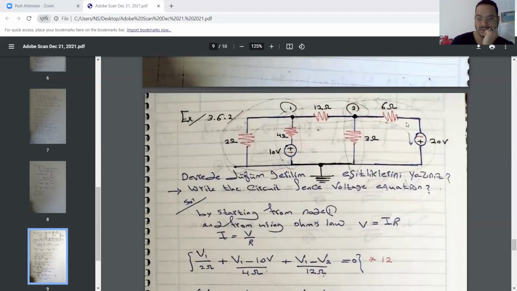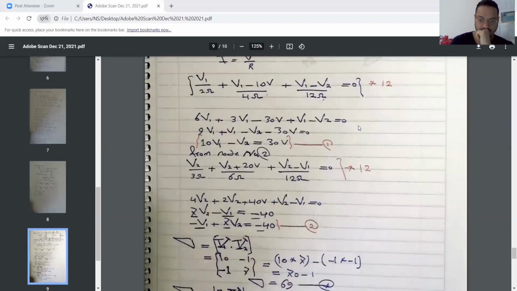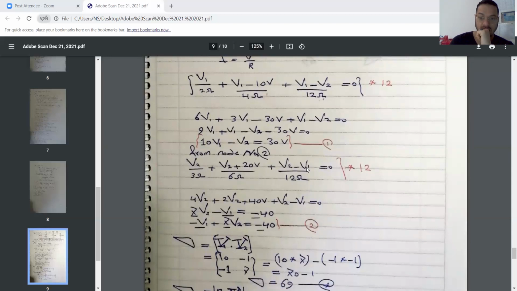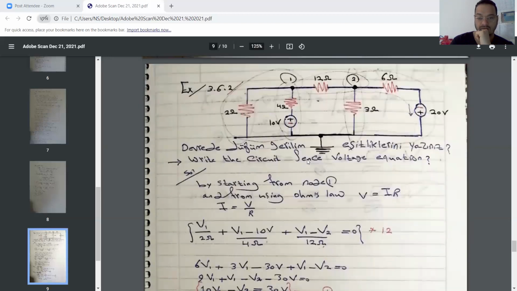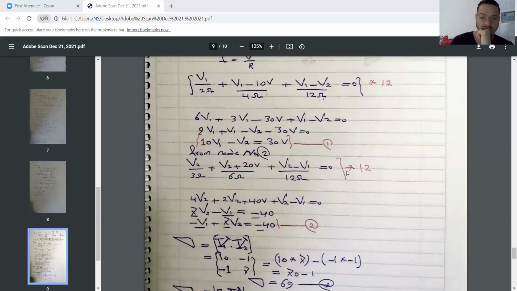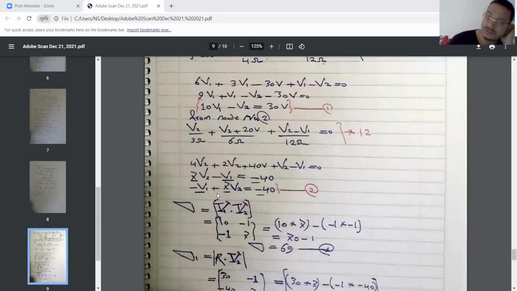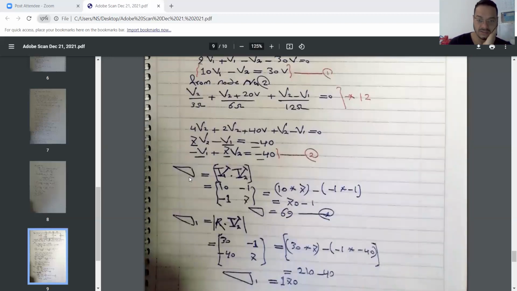Let me explain that: here the current increases from the negative terminal to the positive terminal, because of that I put plus. Plus V2 minus V1 divided by 12 ohm equals 0. To simplify, it becomes minus V1 plus 7 V2 equals minus 14.